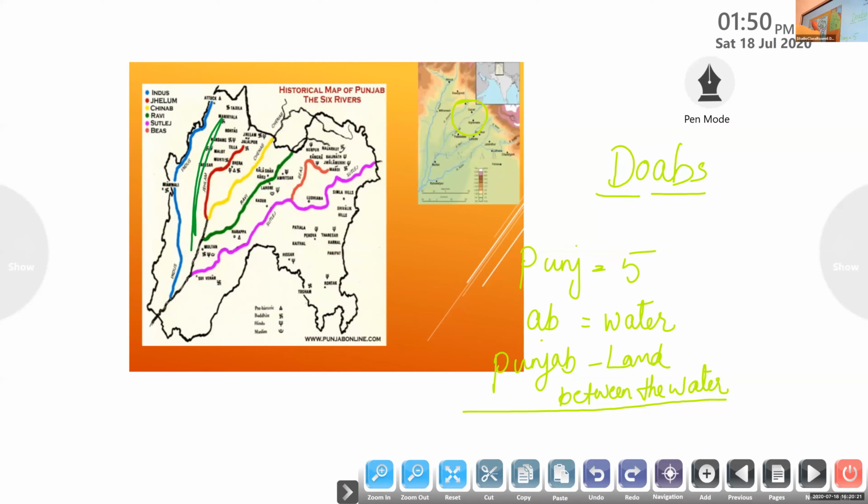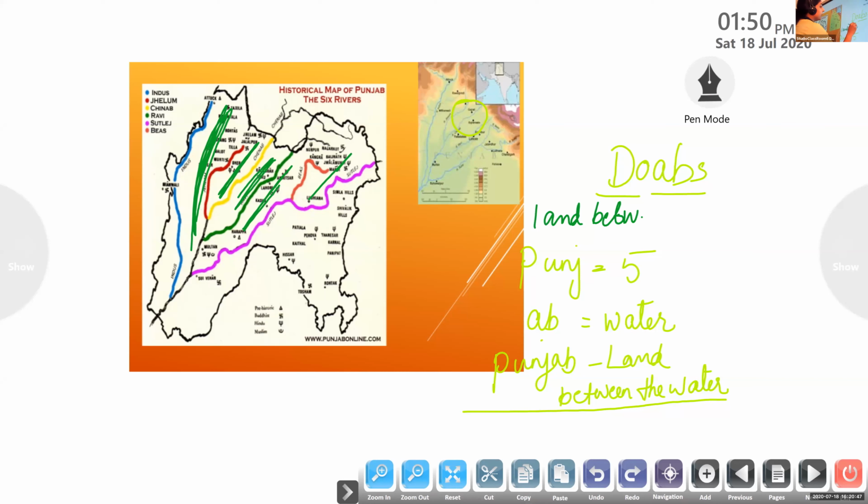Here it's plain land, right? Then here also, in between these two rivers, plain. In between two rivers, we have plain area, plain land. That's why there is one sentence, Punjab plain is dominated by Doab, land between two rivers.